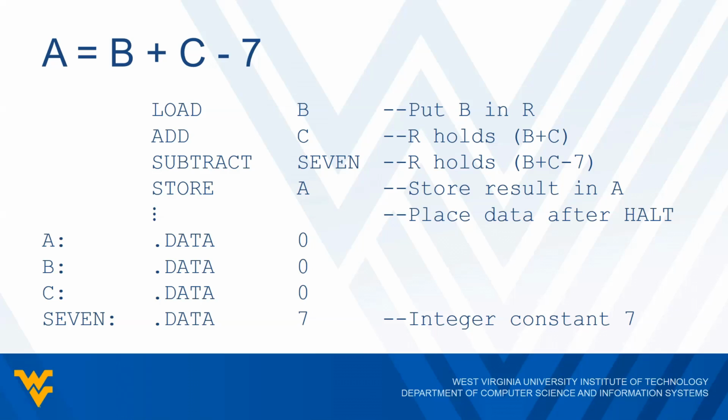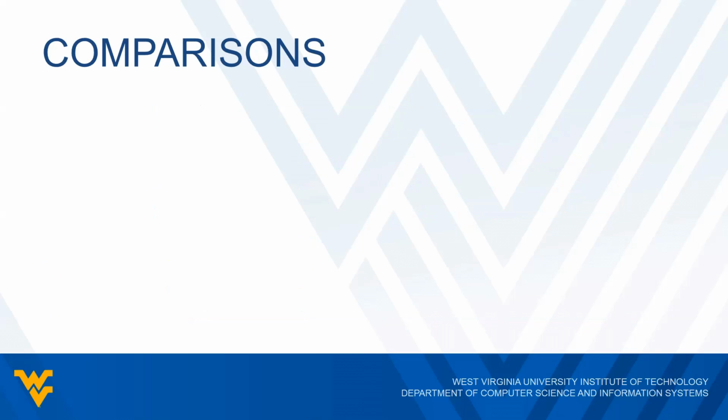So up at the top, we're going to load B into the register, and then we're going to add C to the register. That means R now holds B plus C, and then we do the subtract 7 instruction, which means we're going to subtract 7 from the value of the register, and then we just store that in A. So once again, it's very simple to understand that we are doing all these computations.